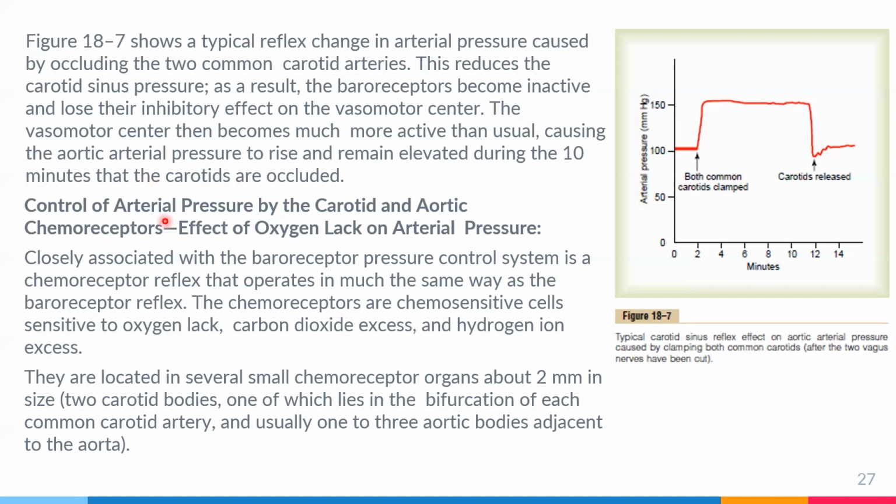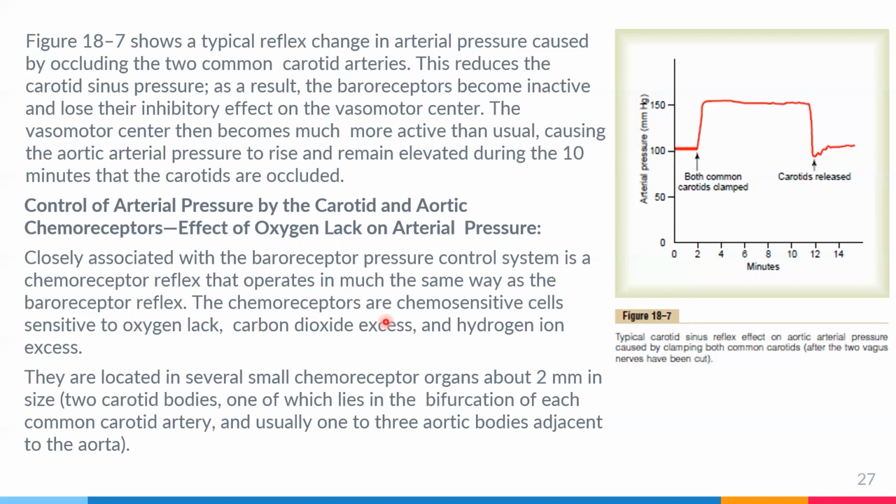Next, we move on to control of arterial pressure by carotid and aortic chemoreceptors: the effect of oxygen lack on arterial pressure. Closely associated with the baroreceptor pressure control system is a chemoreceptor reflex that operates in much the same way as the baroreceptor reflex.